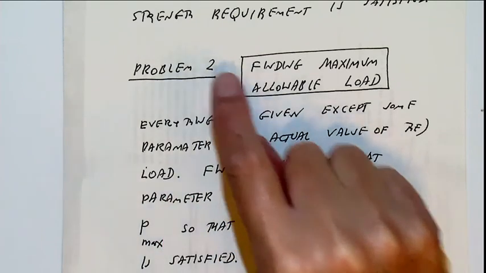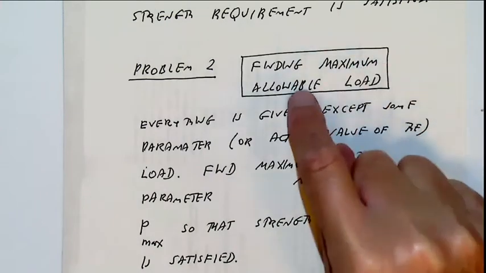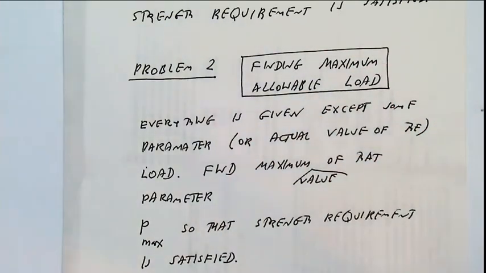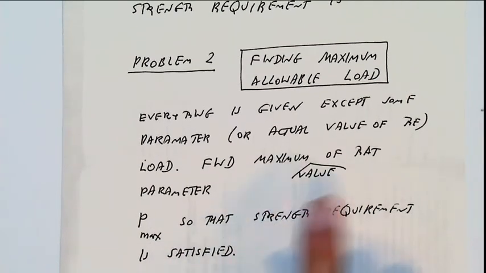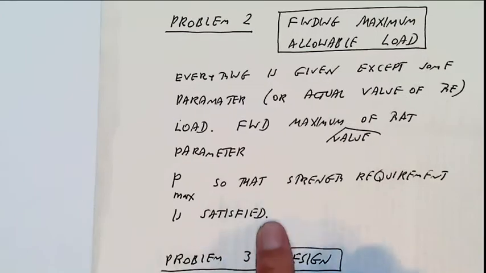Problem 2 is called finding the maximum allowable load. What kind of load can this system undertake? It's a very important question. This system will be operating in various circumstances, including hurricanes, winds, ocean power, and turbulent excitations. What kind of load can it take? Find the maximum value of that parameter, P max, so that the strength requirement is satisfied.